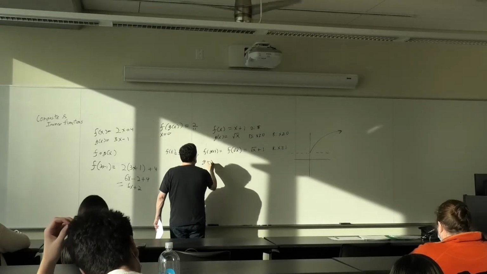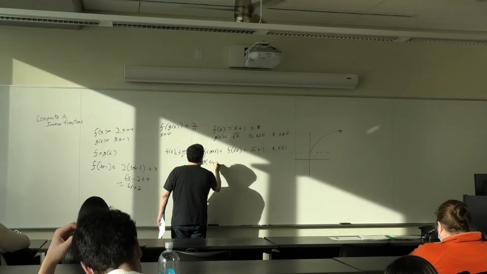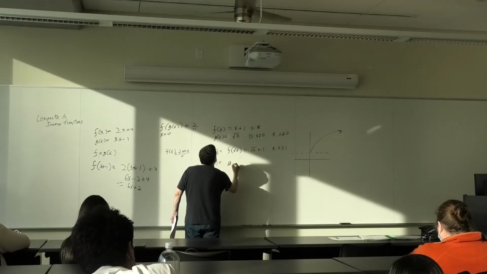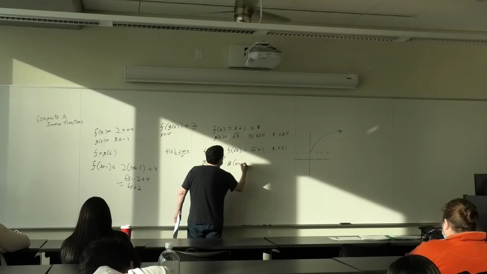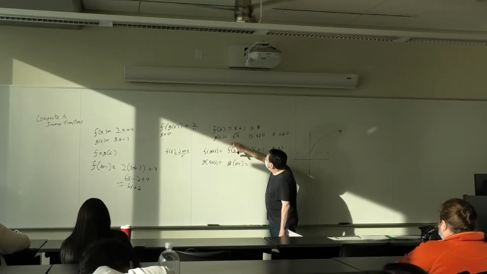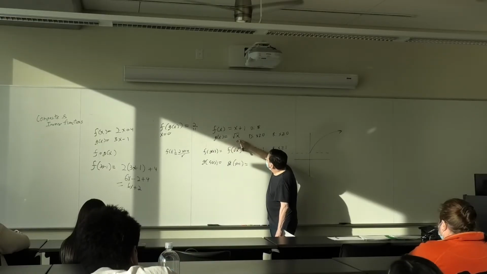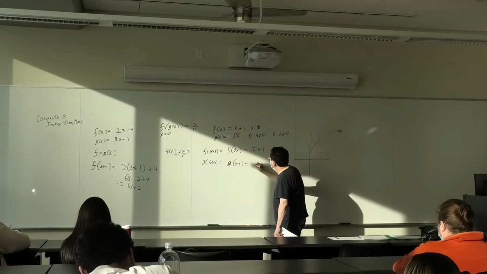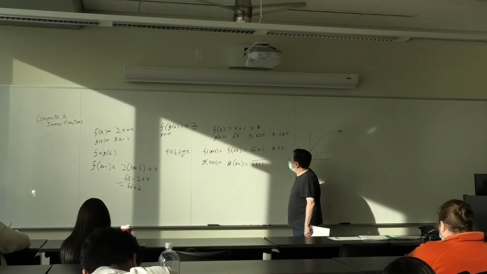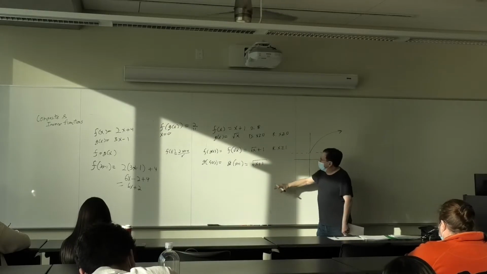Right, well, just for the sake of argument, let's look at g of f of x. That's g of x plus 1. So g takes whatever I give it and finds its square root: square root of x plus 1.